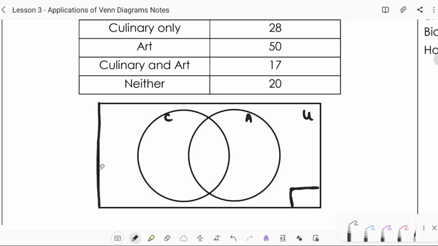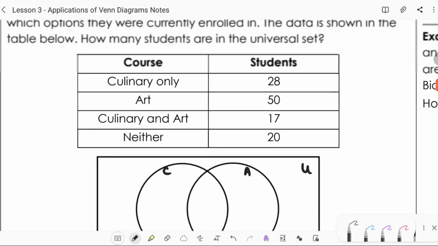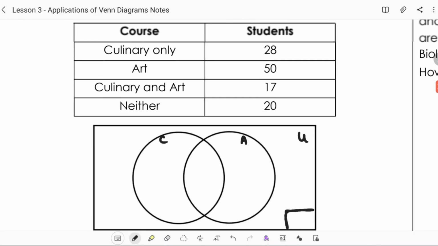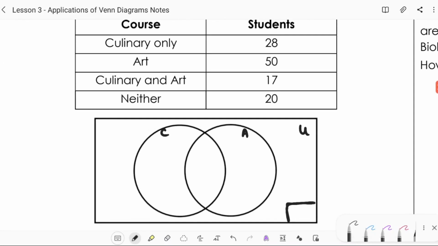So let's see. How are we going to start to fill this in? Again, let's start with the most specific. So generally, that would be our intersection. We're seeing the word and. That tells me right off the bat, I have 17 students in that intersection. 17 students in culinary and art at the same time.